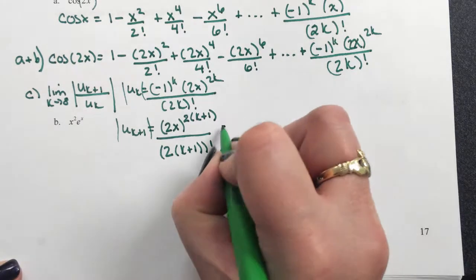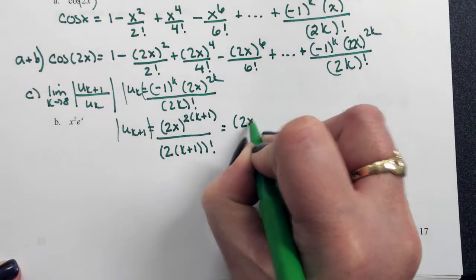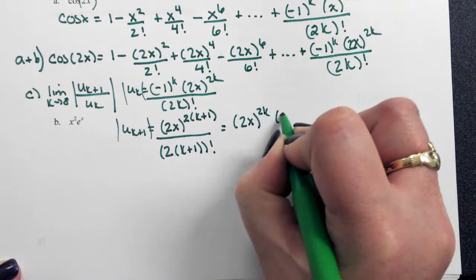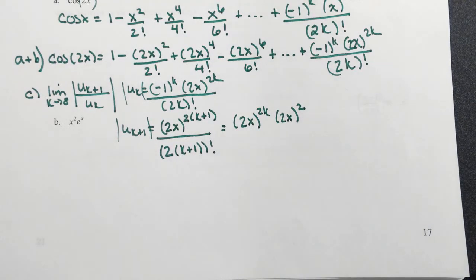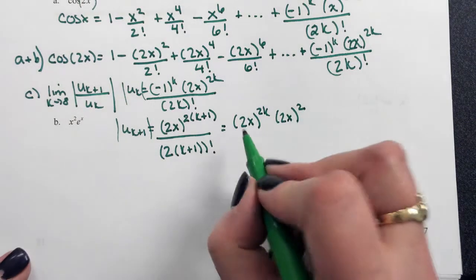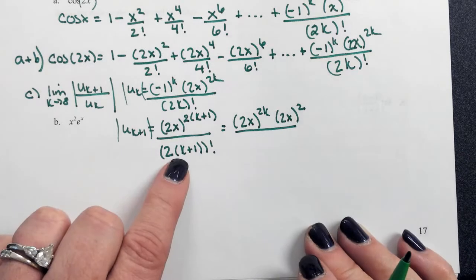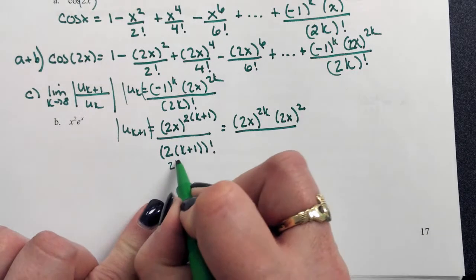So I can rewrite this numerator as the quantity of 2x raised to the 2k times 2x raised to the second power. So are we okay on how I wrote that? Over, again, I know this is going to be 2k plus 2 factorial.